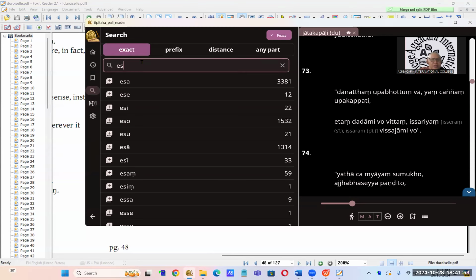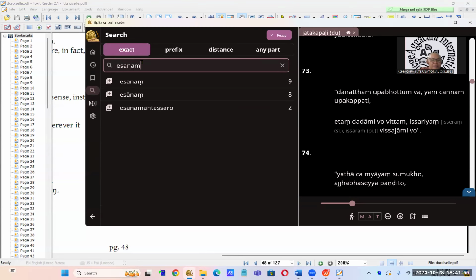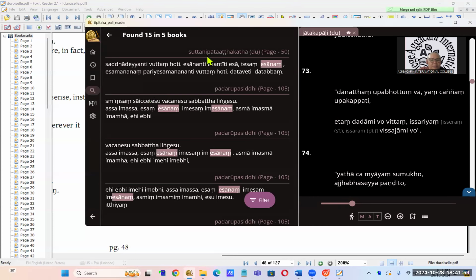Is it esanam? The example is only the one with the long A. There really is one in the Tipitaka. This is from the commentary: esam, tesam, esanam.